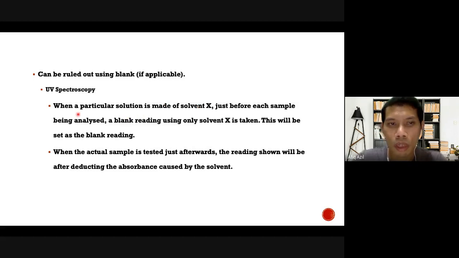Just before each sample is analyzed, a blank reading using only the solvent, the ethanol, will be taken. Only after that can you start measuring the sample. But let's say the next sample that you want to measure uses a different kind of solvent, let's say water, you have to redo the blank measurement. If the blank is the same for all samples, then you can just straight away proceed with measuring the sample.